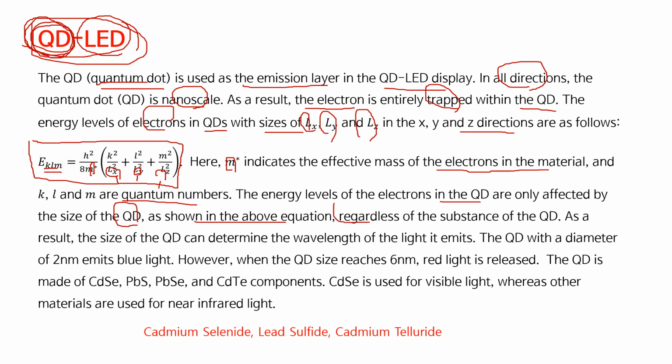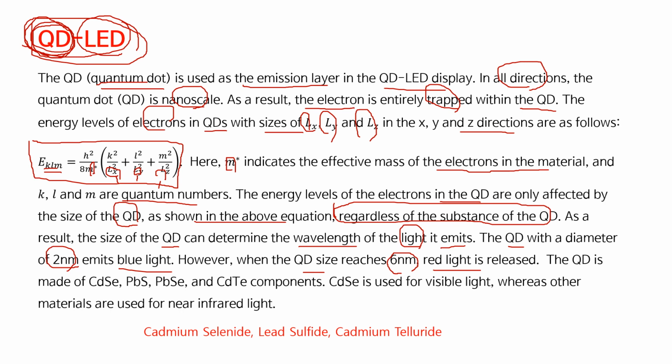So that's regardless of the substance of the quantum dot. As a result, the size of the quantum dot can determine the wavelength of the light it emits. The quantum dot with a diameter of 2 nanometers emits blue light. However, when quantum dot size reaches 6 nanometers, red light is released.